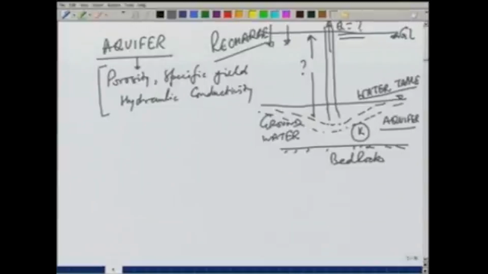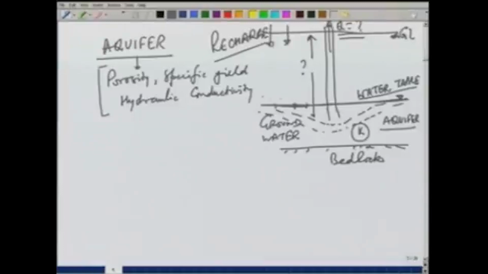For an aquifer which is shown here, in which the water table is open, that means the pressure at the water table will be atmospheric. So, if we look at this point or this point or this point, the pressure will be atmospheric; we can call it 0 pressure.